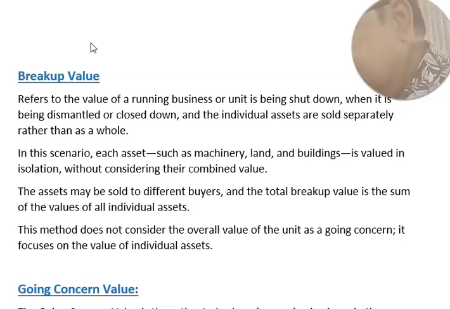The sum of that value is called breakup value. The assets may be sold to different buyers, and total breakup value is the sum of the value of all individual assets. This method does not consider the overall value of the unit as a going concern. It focuses on the value of individual assets.